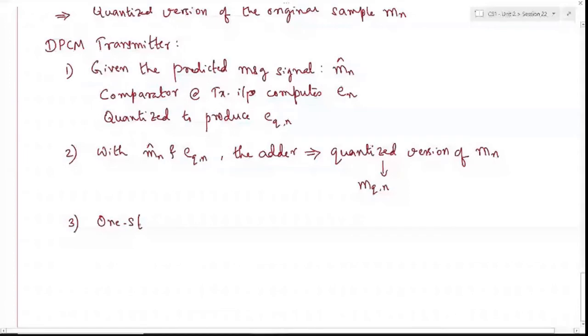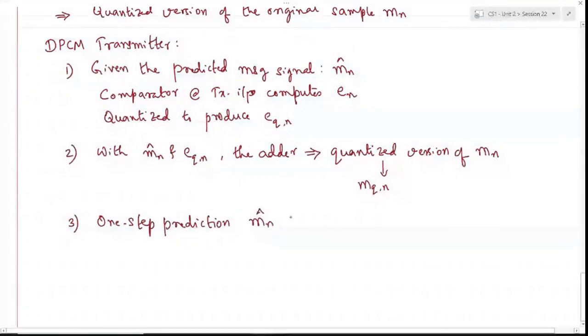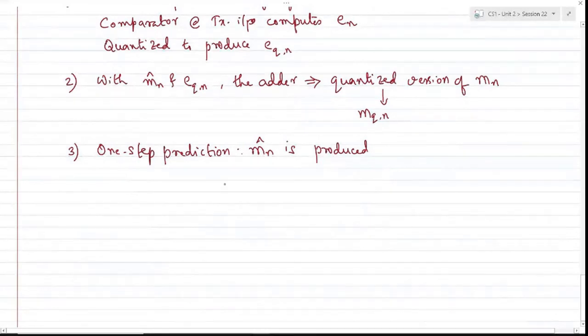involved in the linear predictor block prediction. Mn cap is produced finally. Okay, so if you have, say, order p of your linear predictor filter, it's simply a FIR filter itself.